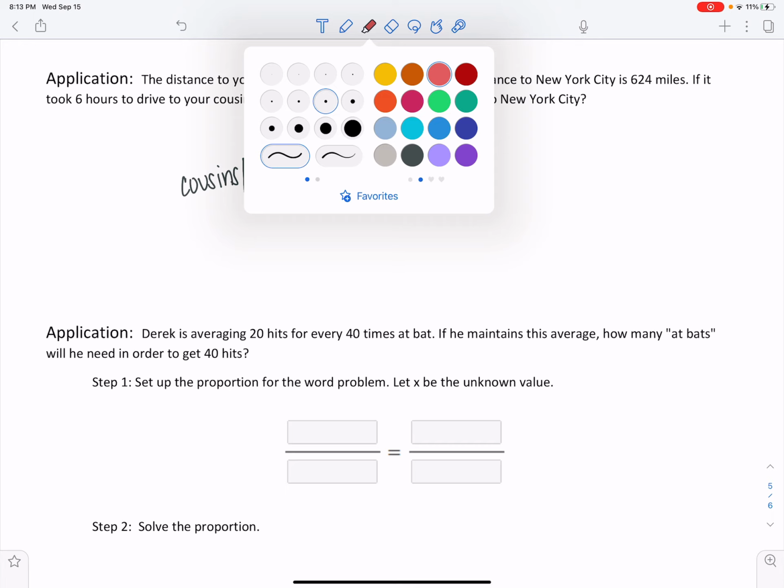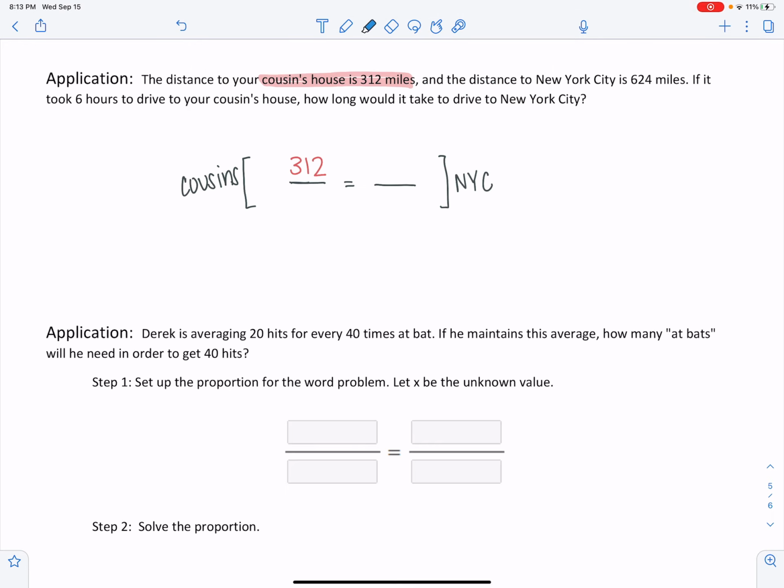So for New York City, I'll use this blue color. So the distance to New York City is 624. And so I want to keep this lined up. Here I have miles on top, so for this side, I want miles on top. And New York City is 624.